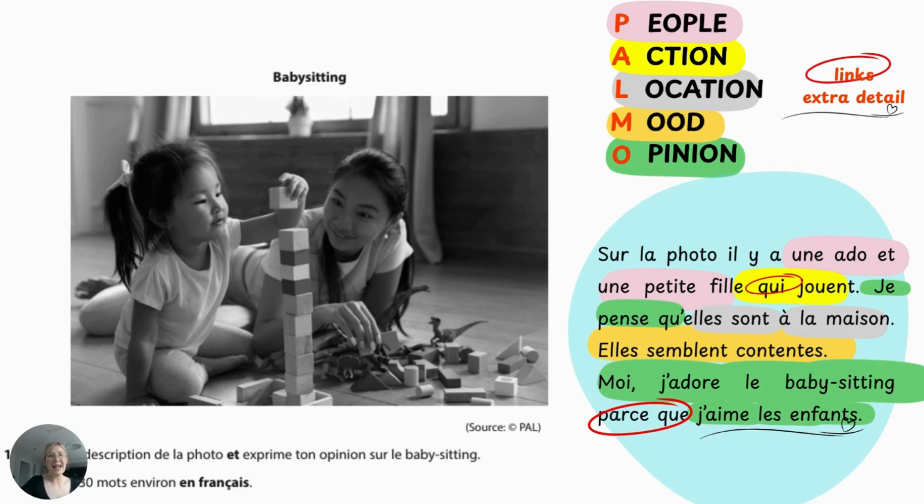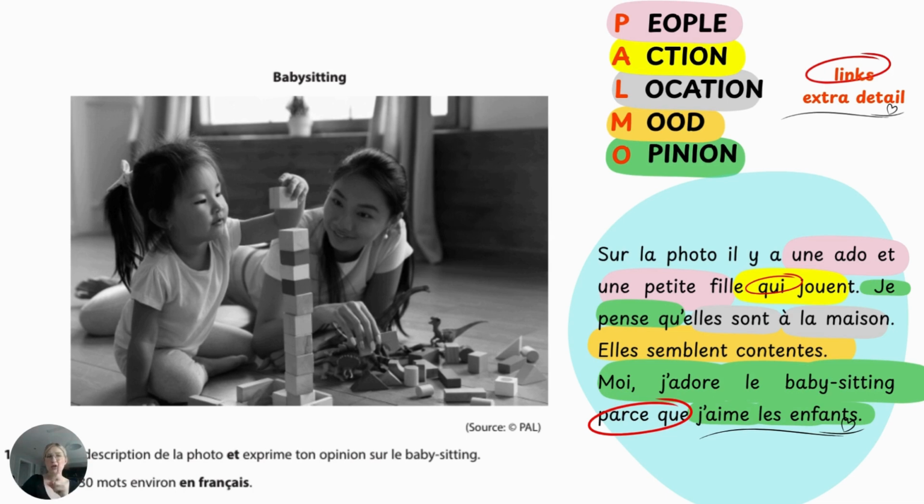We have to add an ENT on the end of the verb here, jouer. So joue with an ENT ending because there's more than one person. So we're saying they play. And that they is signified by the ENT at the end of the verb. But we'll see more examples of that in a bit. So then I've added an opinion phrase, je pense que, and that's a way of getting an extra little opinion in there because on the mark scheme it did say opinions.